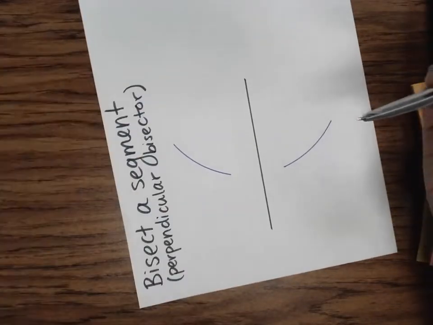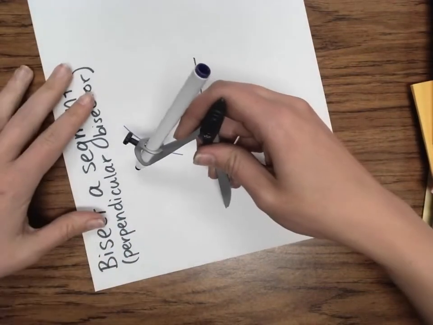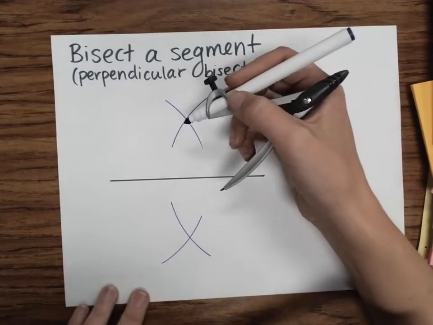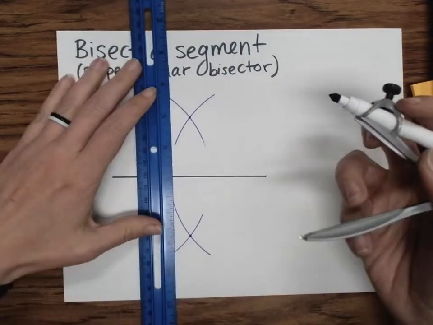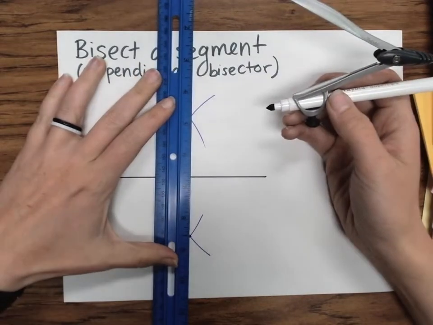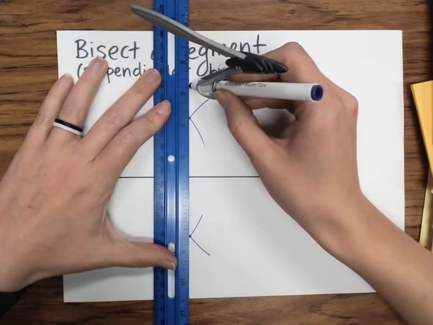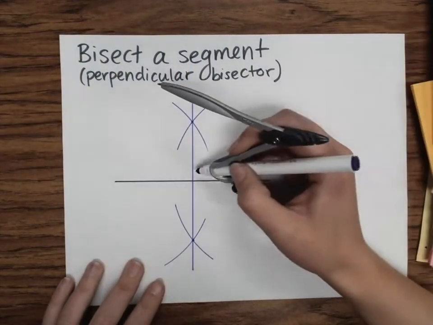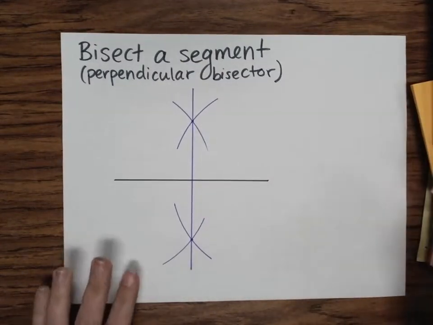And then you're just going to keep the radius the same and go to the other endpoint, make an arc above and below just like you did before. And then last step is to just draw a line through where these intersect. All right, and there you go. And supposedly, if we've done it correctly, that should be 90 degrees, and each of these should be the same length on either side.